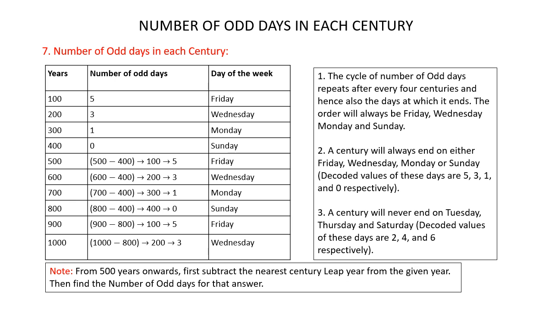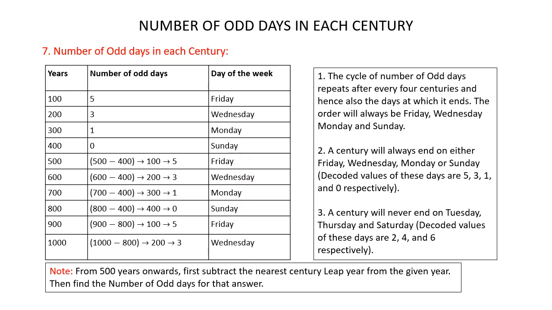Now, after 4 centuries, the number of odd days repeats. So again, for the next 4 centuries, we have 5, 3, 1, 0 odd days, which means the day of the week also repeats and would be Friday, Wednesday, Monday and Sunday for the next 4 centuries.